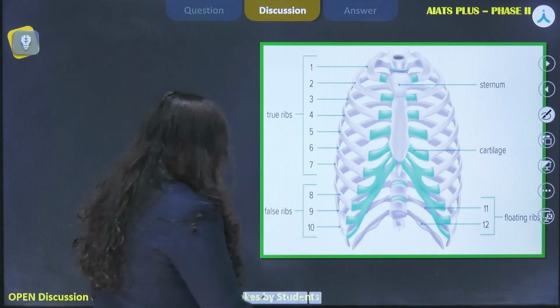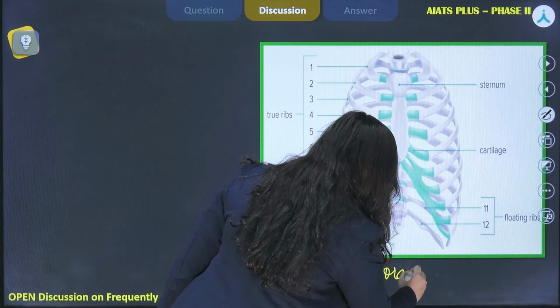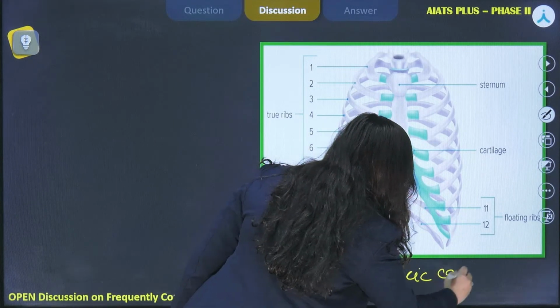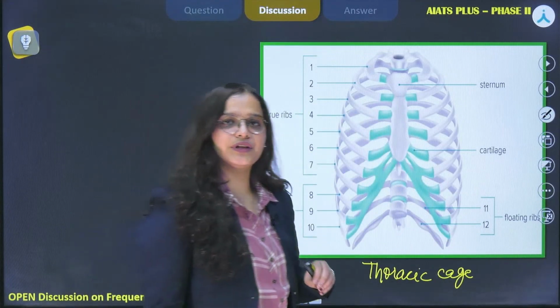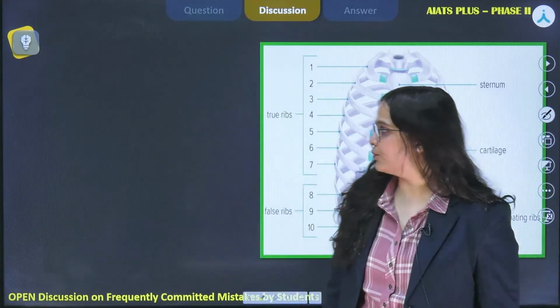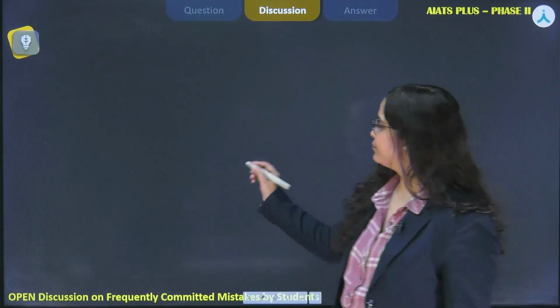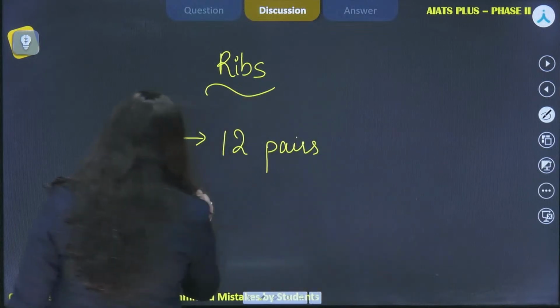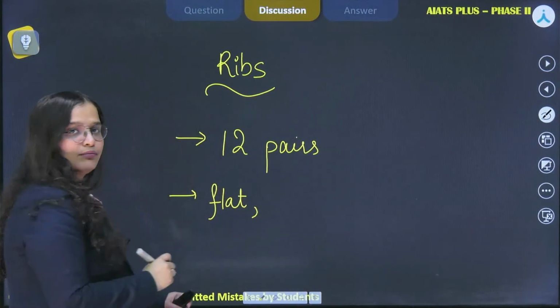This diagram represents our thoracic cage. Coming back to the structure of bones, they are flat and thin bones.